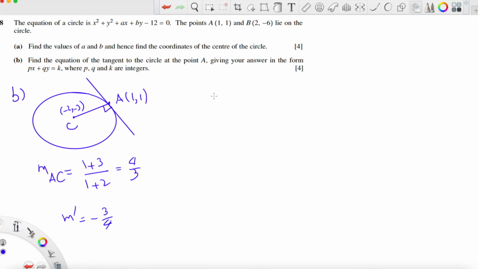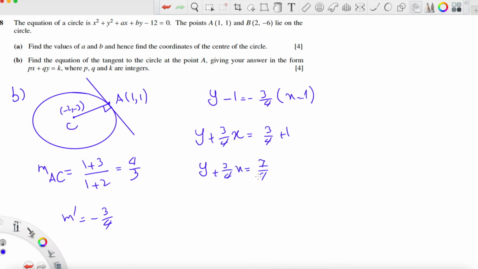So equation of the tangent will be y minus 1 is equal to negative 3 over 4 times (x minus 1). So if you expand and transfer to the left hand side, it will be y plus 3 over 4 x is equal to 3 over 4 plus 1. So it will be y plus 3 over 4 x is equal to 7 over 4.